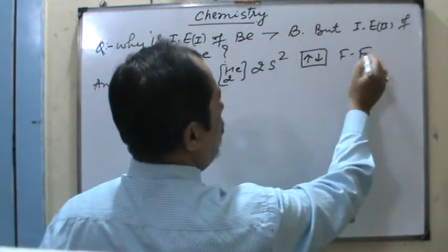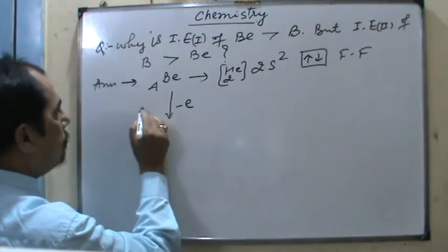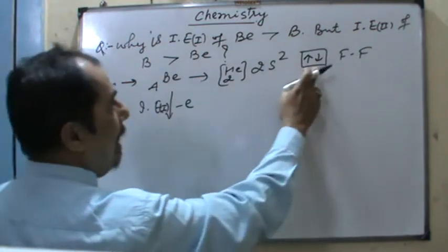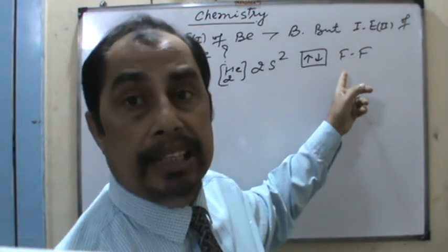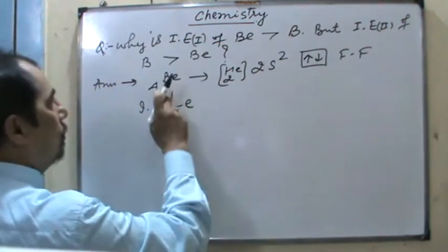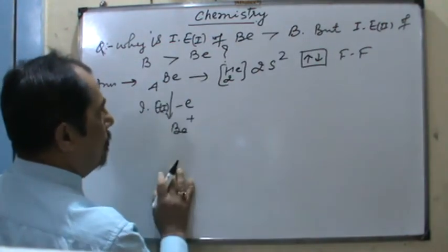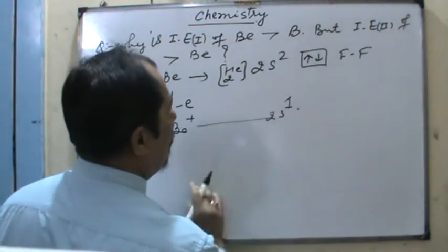It is difficult to lose an electron from beryllium, as it has a stable electronic configuration. Once you lose one electron, beryllium becomes 1 positive and its configuration is now 2s1.